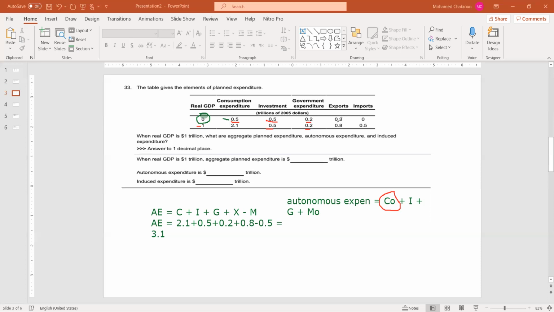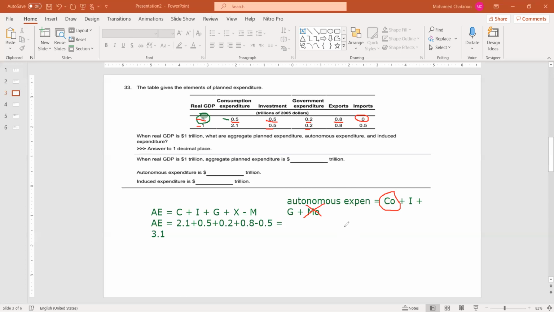Exports are exogenous. That means they don't depend on real GDP. Even when real GDP is 0, exports are 0.8 trillion. And imports here, when real GDP is 0, imports are 0. That means we don't have autonomous imports.